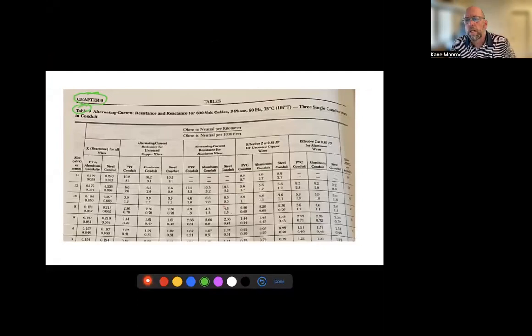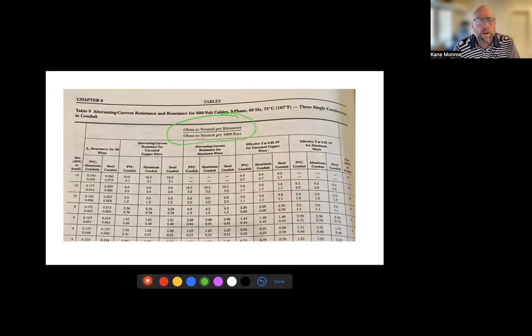Also, look, it's titled Alternating-Current Resistance and Reactance for 600-Volt Cables, 3-Phase, 60 Hz, 75°C, 3 Single Conductors. So keep that in mind whenever you see a question asking those specifics. Also in this table, I want you to take a big look at this right here.